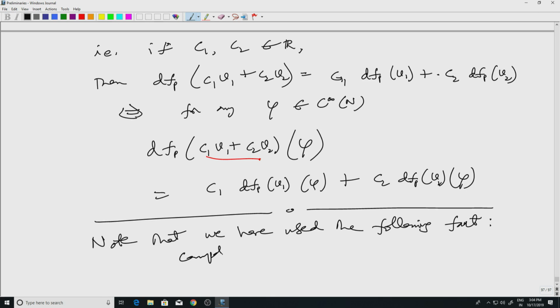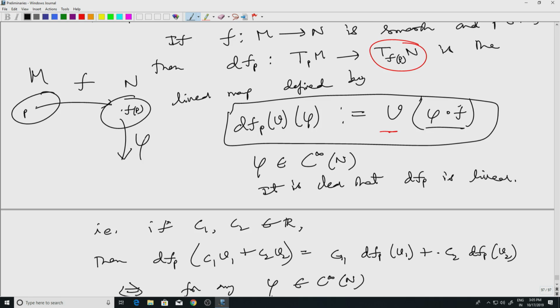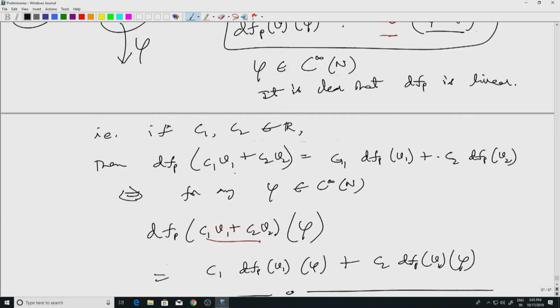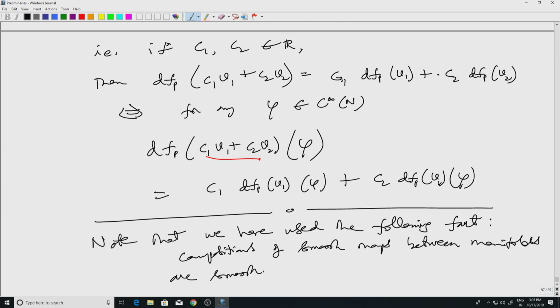Compositions of smooth maps between manifolds are smooth. So that's this phi composed with f that I used to say that that is smooth.